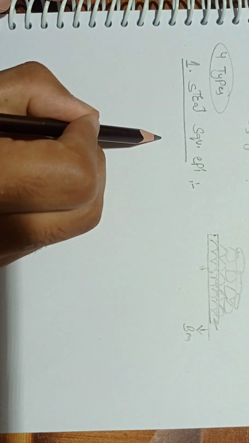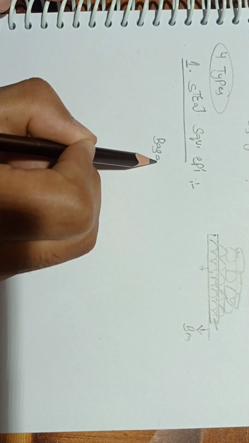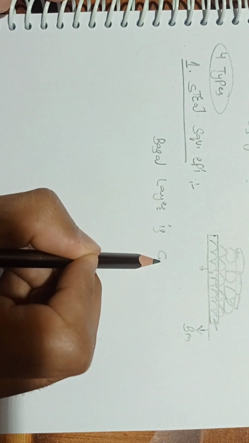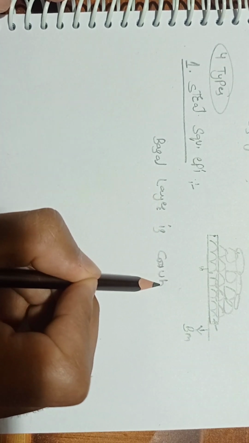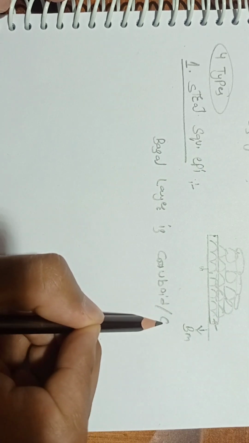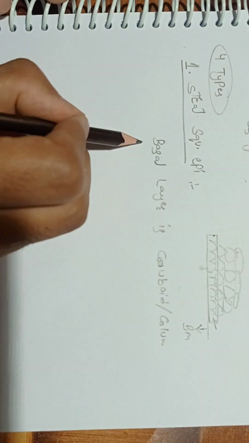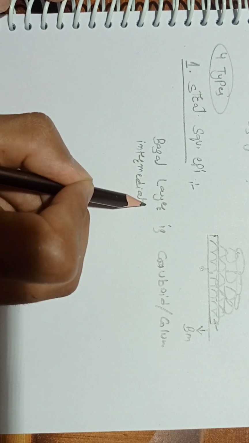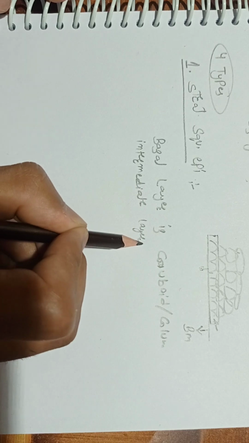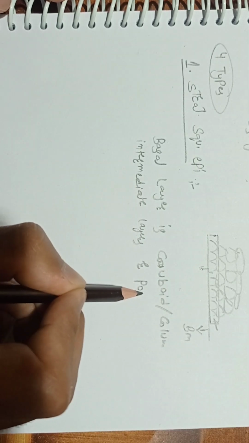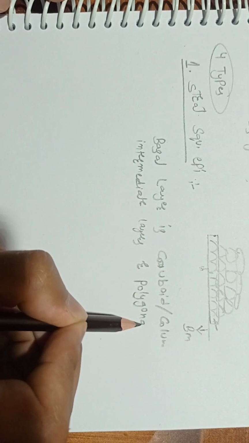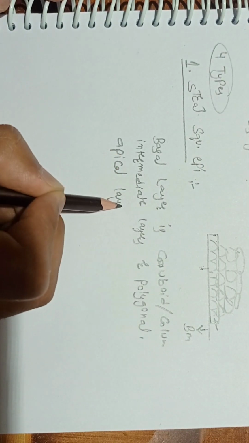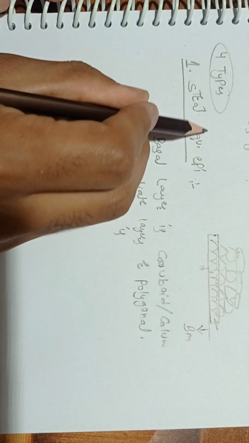In stratified squamous epithelium, the basal layer, which rests on the basement membrane, is cuboidal or it can be columnar. The intermediate layers are polygonal, and its apical layer is squamous, as the name suggests.